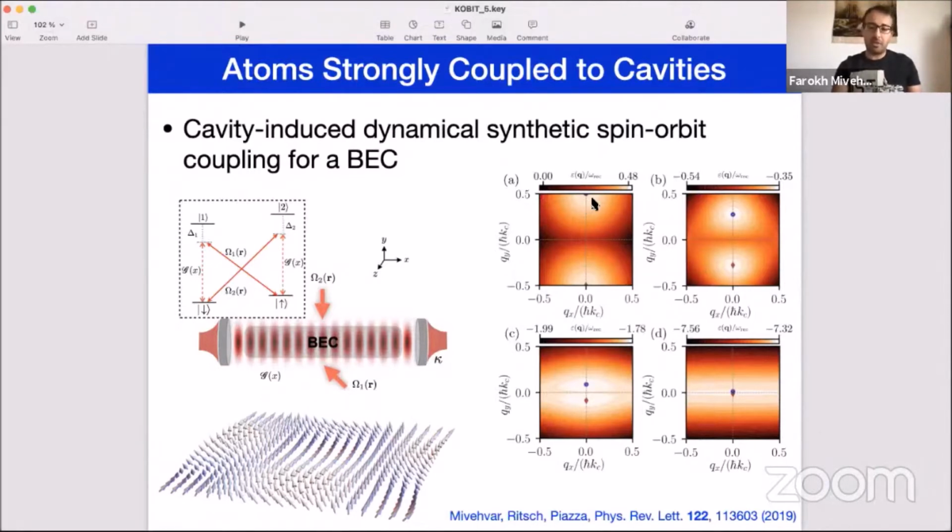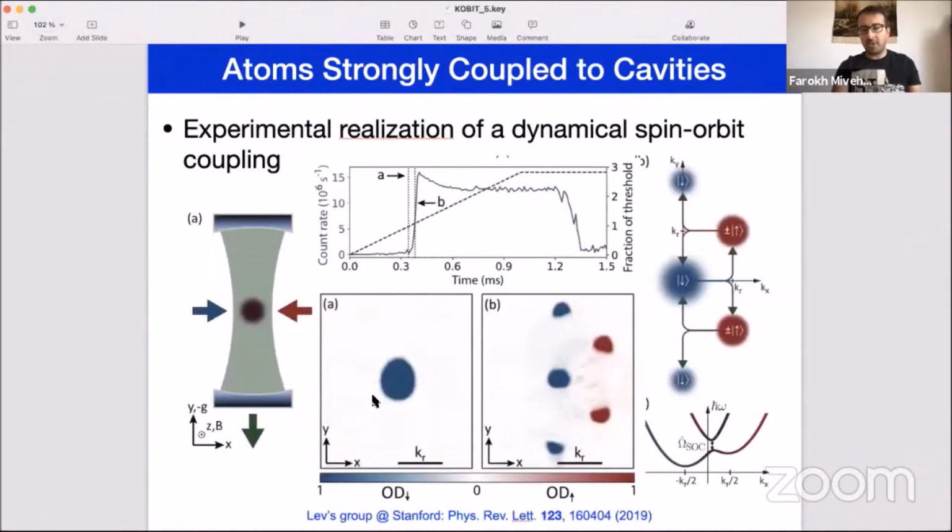As a consequence of this dynamical spin-orbit coupling, we showed that interesting spin textures emerge in the system. And immediately afterward, this scheme was realized in Benjamin Lev's group at Stanford.